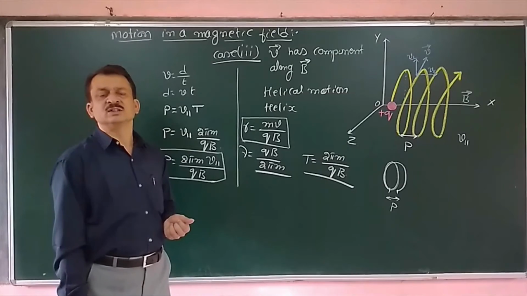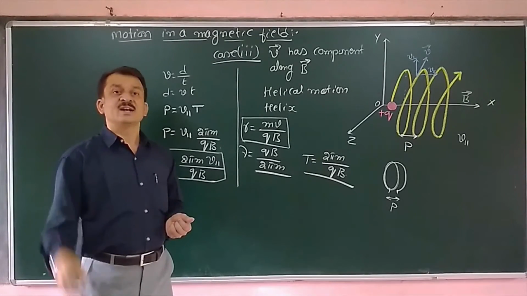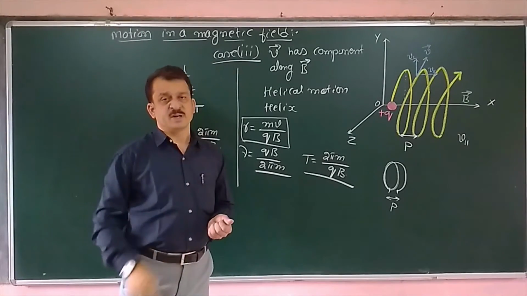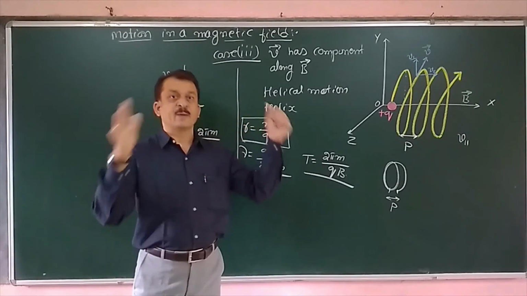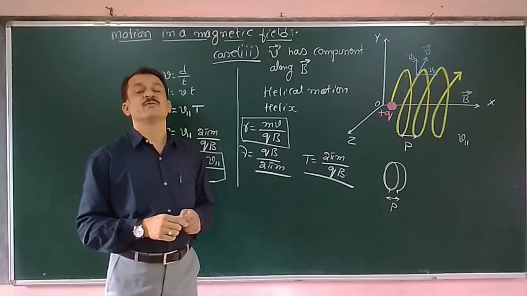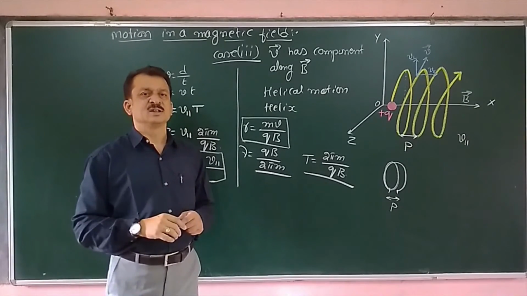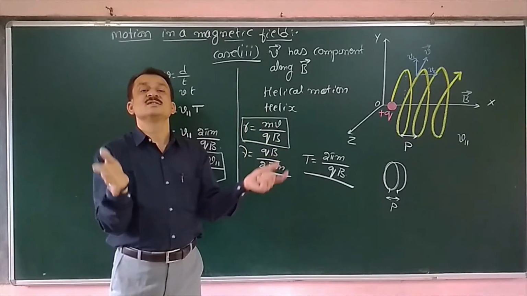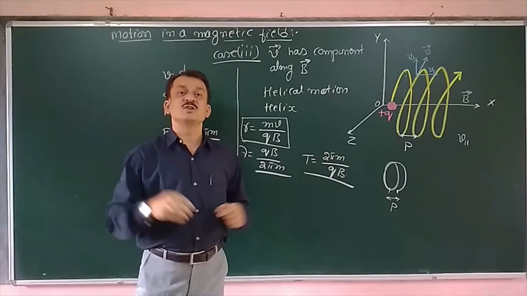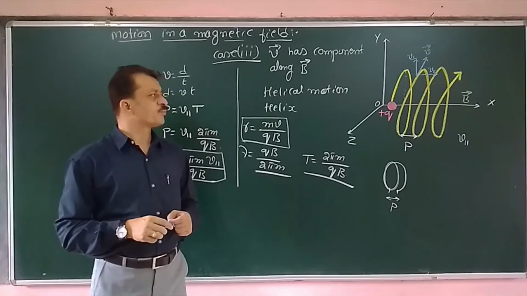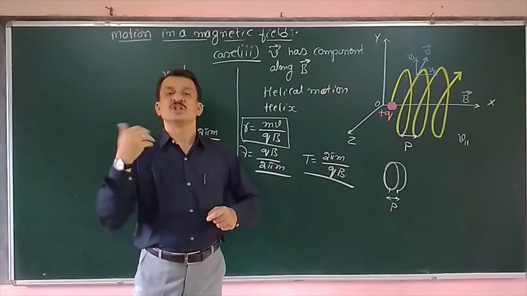They try to enter the Earth's atmosphere. But our Earth has a protective shield in the form of a magnetic field. That magnetic field protects against these charged particles, but they try to enter from the polar region.